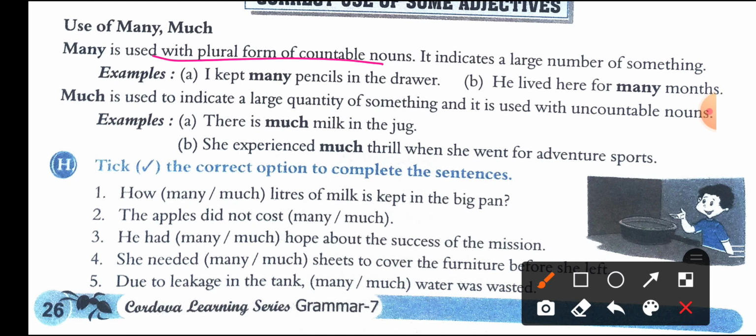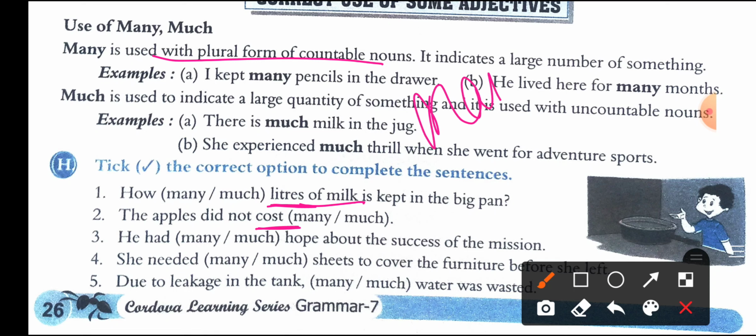So what you will do is check the noun after the blank. So it is liters of milk. Clear? Now is it countable or uncountable? You have to check the word where you are adding many or much.